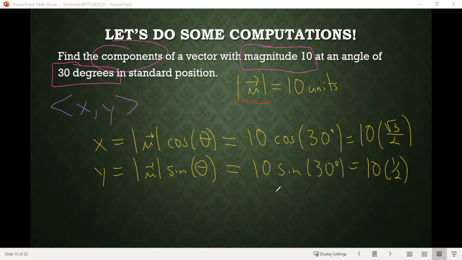If we multiply, the 2 can reduce to a 1 and the 10 becomes 5. So we get 5 root 3 as the x component, and 10 times 1/2 gives us 5 as the y component. And so the vector's components will be 5 root 3, comma 5, in those pointy brackets.